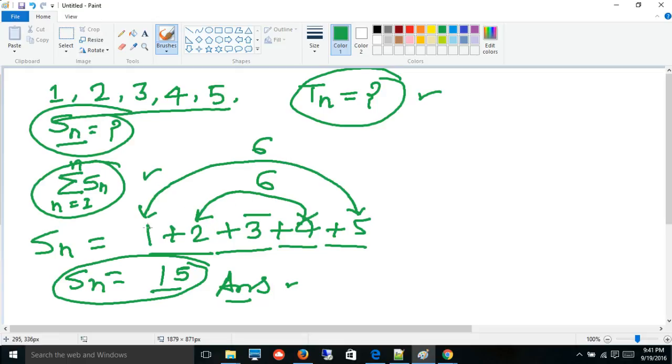So this plus this plus this is 6. And how many elements do we have? We have 5 elements. In this way we can derive the formula, so I will derive the formula for you.